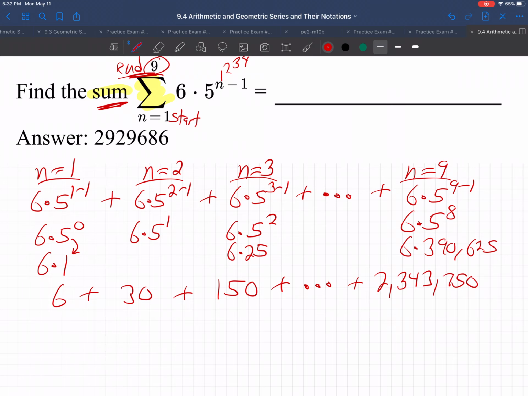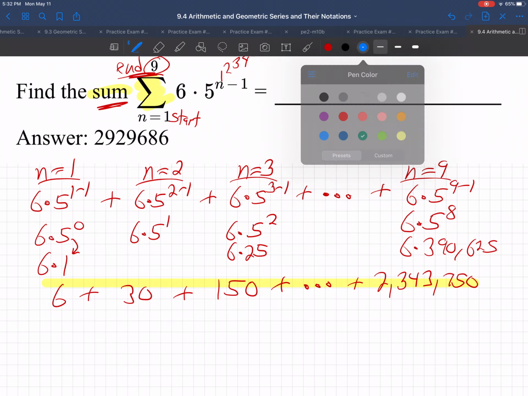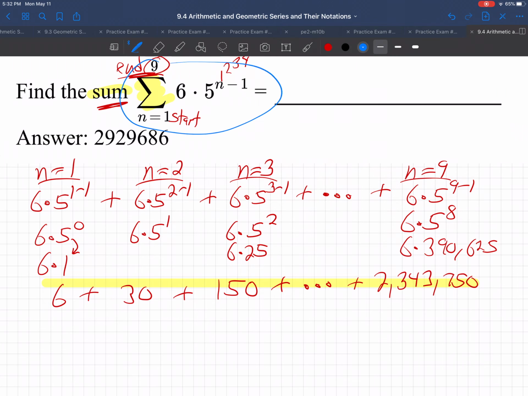So this is the sequence that they're actually asking us to add. There it is. I changed it from the sigma notation, right? This sigma notation right here, and we have changed it to be regular notation. Okay, so there's what we're trying to add up.